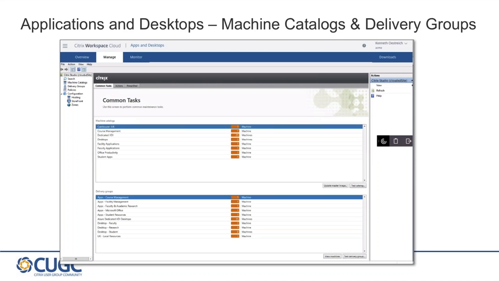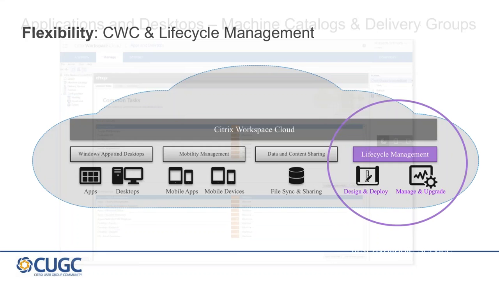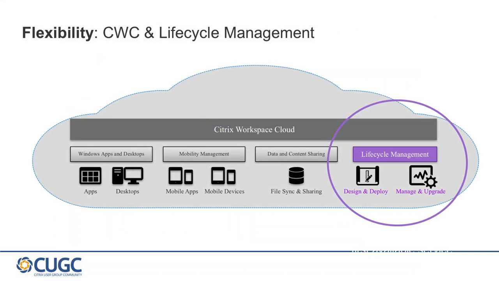Let's jump around a little bit more and talk about the flexibility of lifecycle management. Lifecycle management was a standalone component of Citrix services, and now it has been incorporated into the Workspace Cloud, and it has four major components.